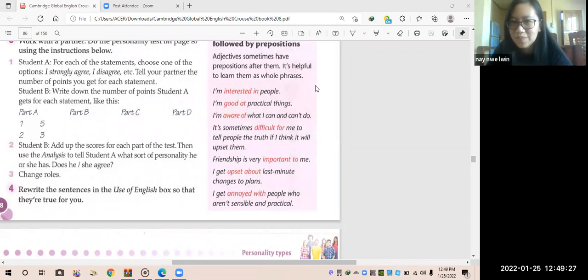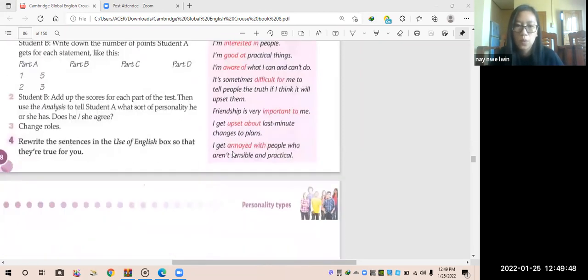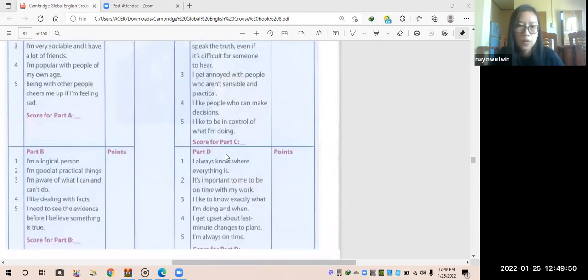No, teacher, we all finished. Okay, so no one left, right? So you all know how to use these expressions, right? Interested in, good at, aware of, difficult for, important to, upset about, annoyed with. So is there any question for this? No, teacher. No more questions. So we'll move to another reading test.